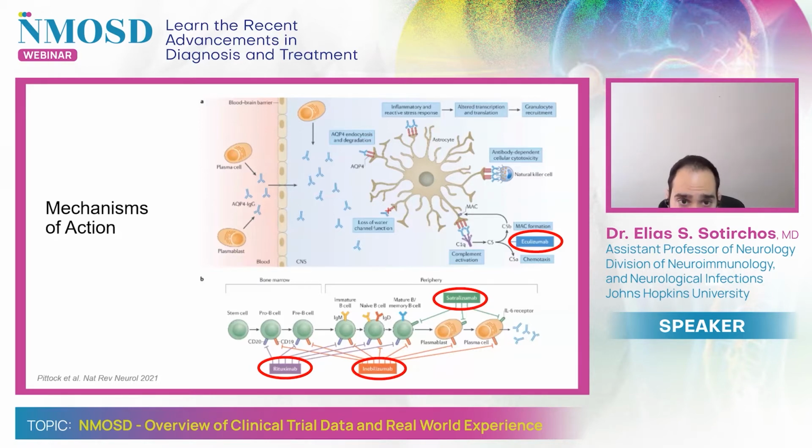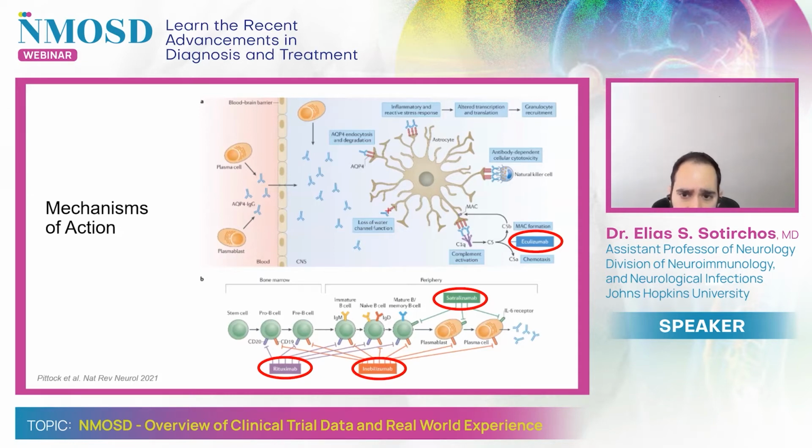And then there is another medication that I'm also going to be discussing, eculizumab, which does not act on B cells, but acts on a different part of the pathophysiology of neuromyelitis optica. And eculizumab inhibits the cleavage of C5 complement component into C5a and C5b. And this leads to the prevention of the formation of C5a, which is important.